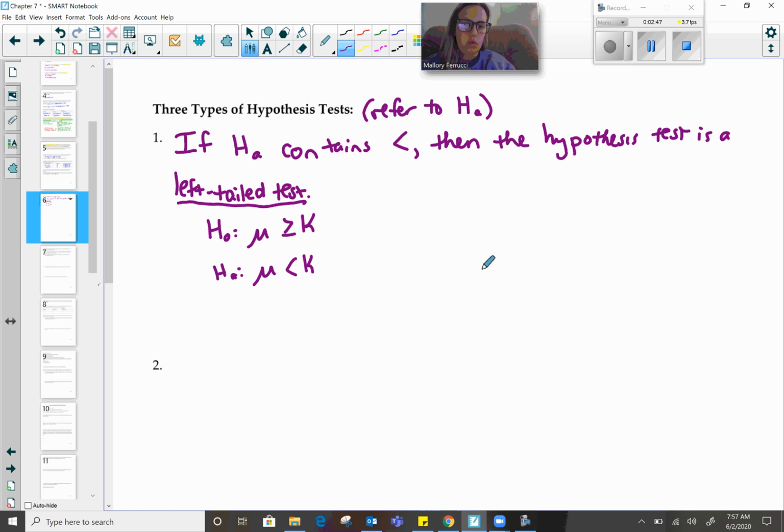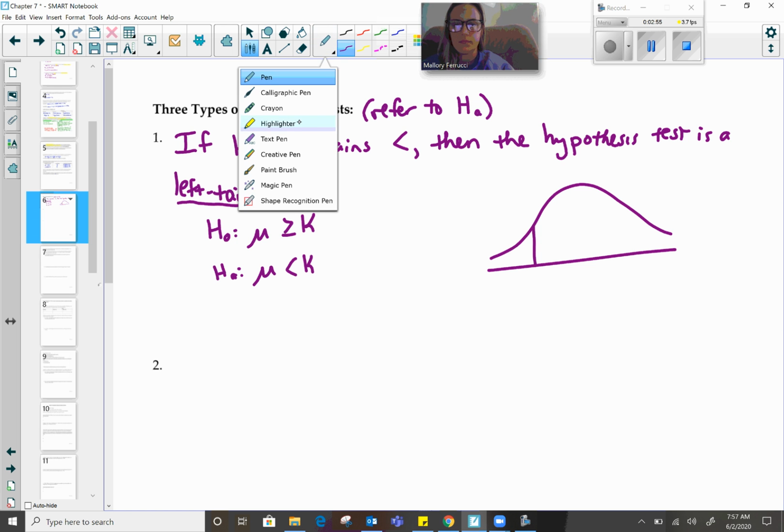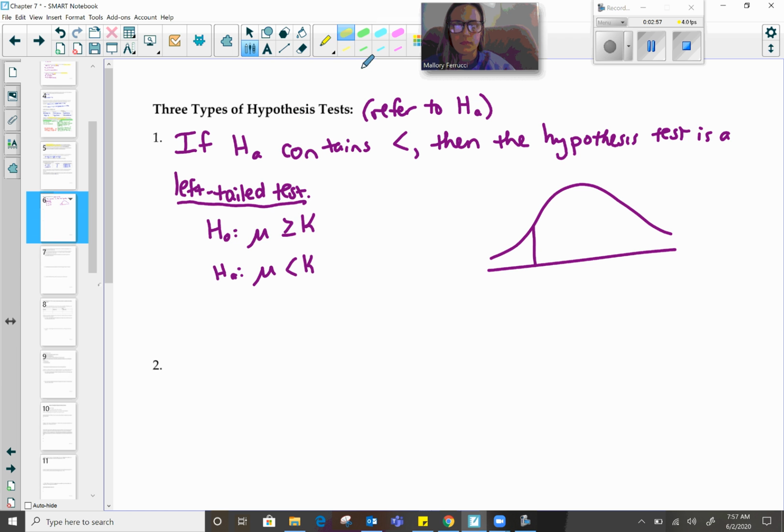And then the way it'll be drawn is something like this. It'll be shaded in over here.